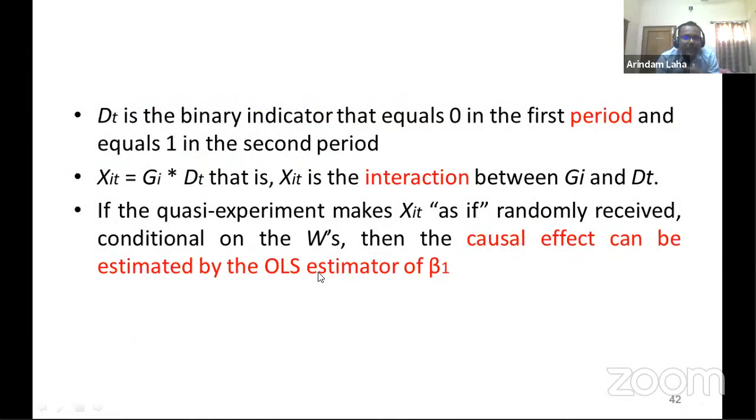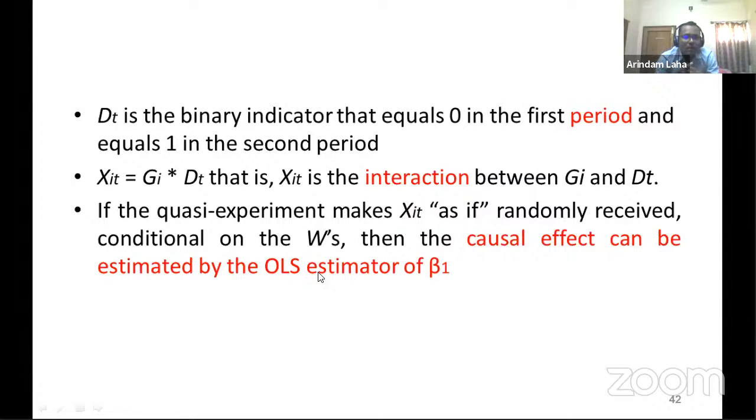It captures the combined influence of the treatment and the time period effect. Spatial and temporal dynamics are captured by the interaction term. This is very important, a crucial variable, the interaction term.